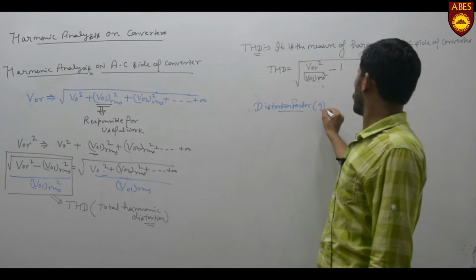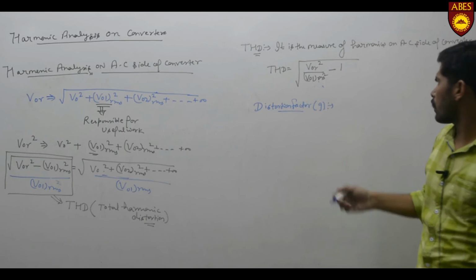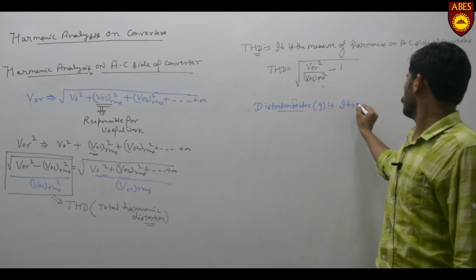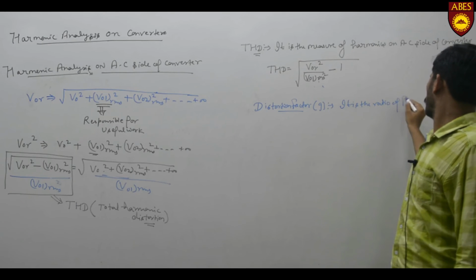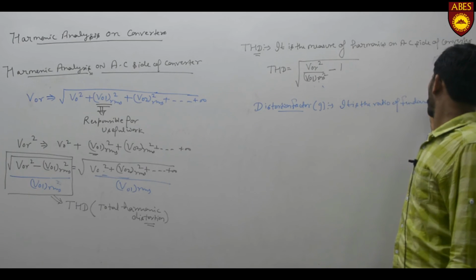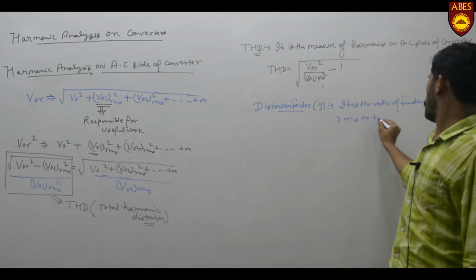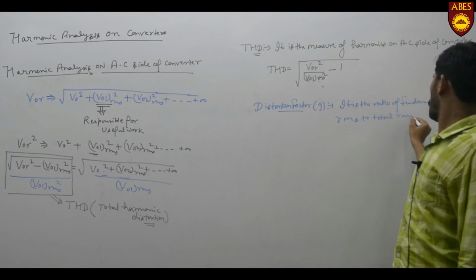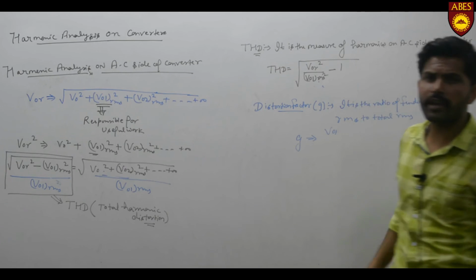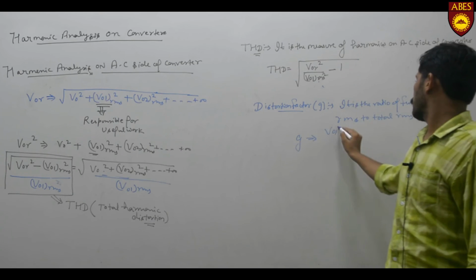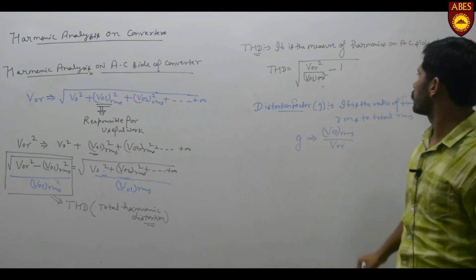Distortion factor is denoted by G. It is the ratio of fundamental RMS to total RMS, either in terms of voltage or in terms of current: fundamental RMS divided by total RMS.